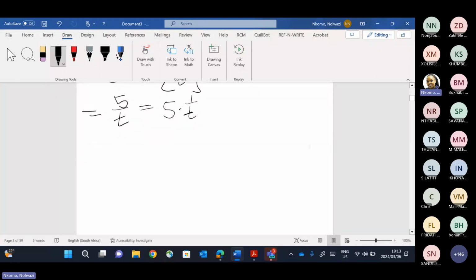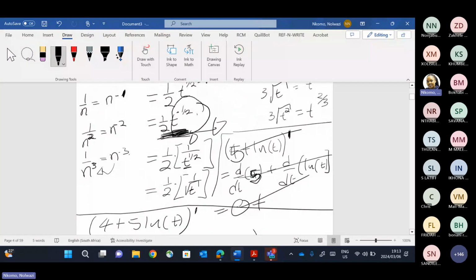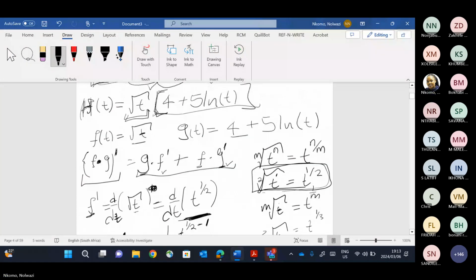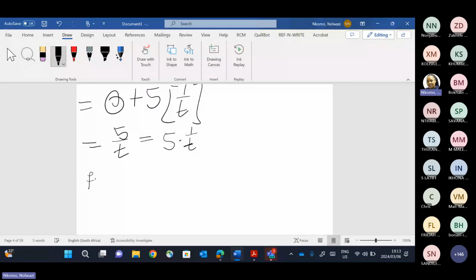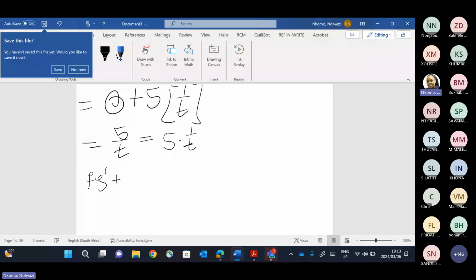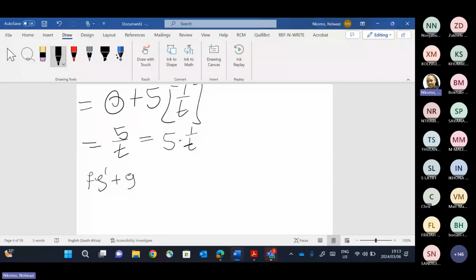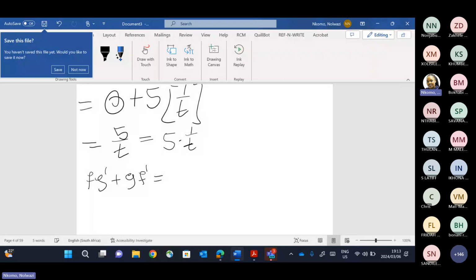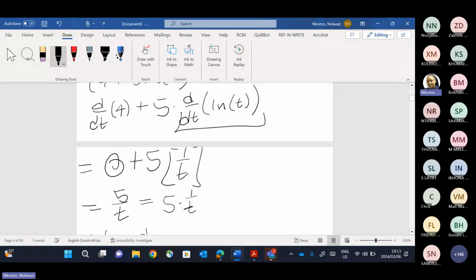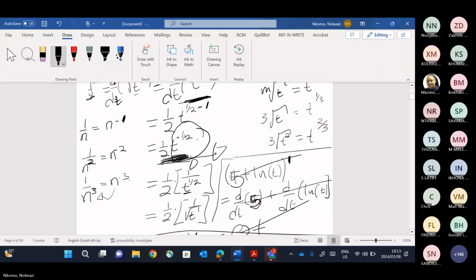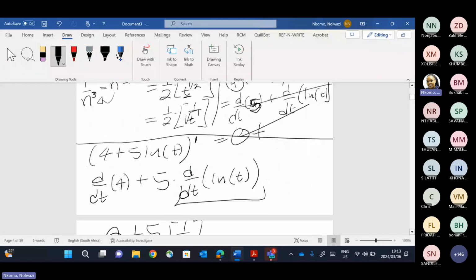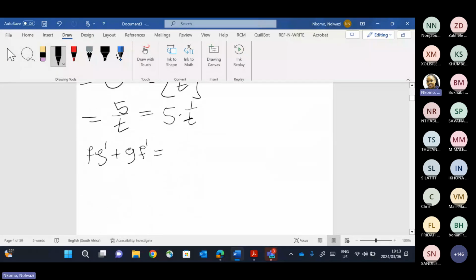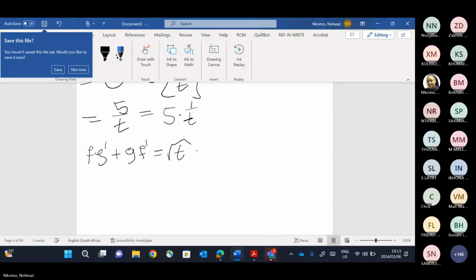Okay, now how did we put our fg prime? Okay, we wrote it like this: f g prime plus g f prime. Start with f. What is our f? Our f is root t. So we have root t times the derivative of g.